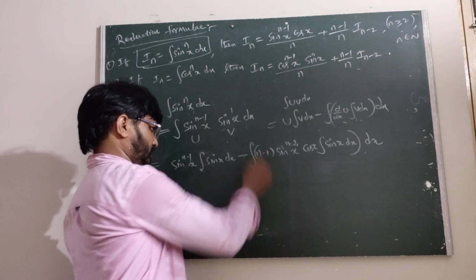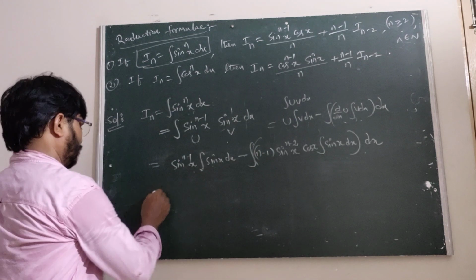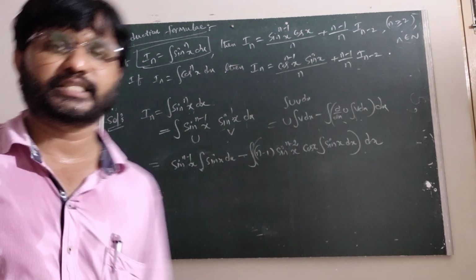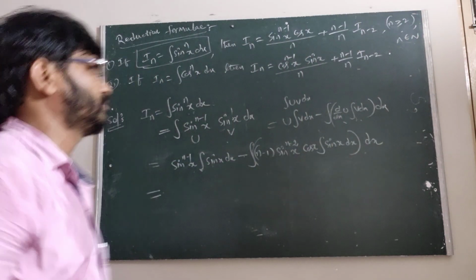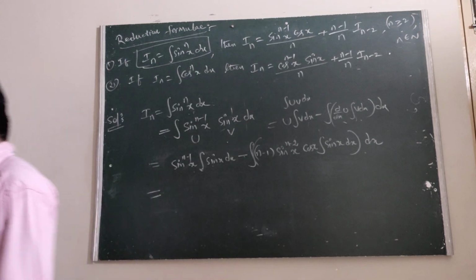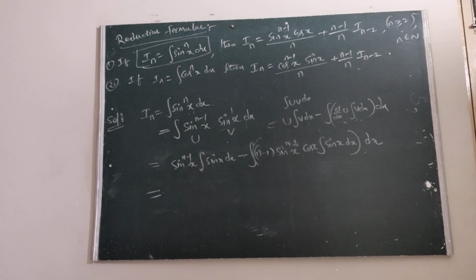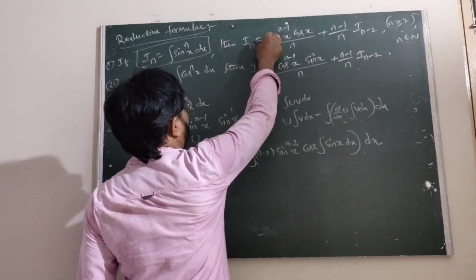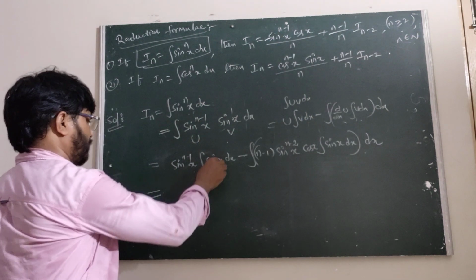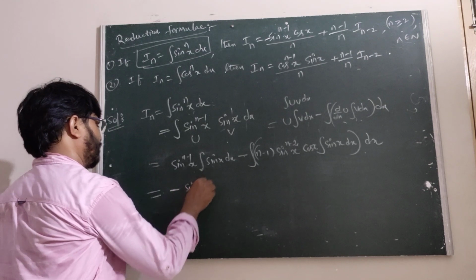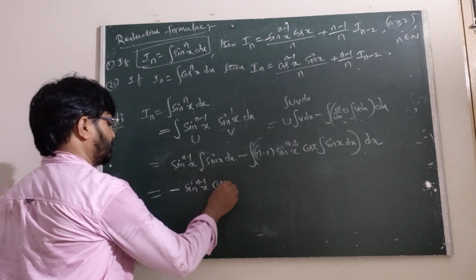Now we know that the integral of sin x is minus cos x. Therefore, this is minus sin^(n-1) x cos x.